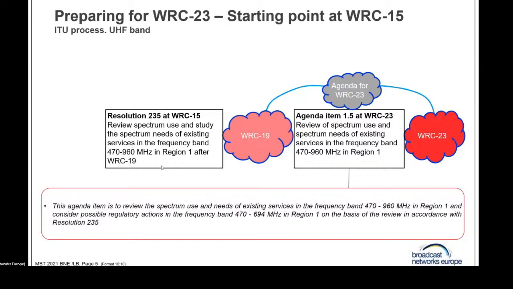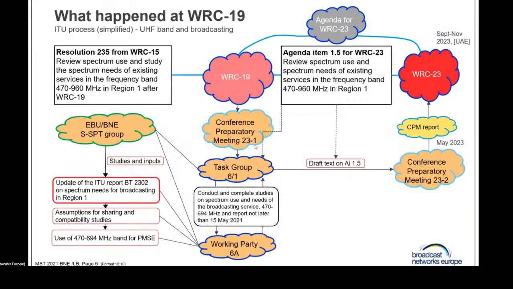So now, what happened at WRC-19? Well, that was a fairly complex process. So, of course, we have the resolution ordering the WRC-19 to initiate studies and put an agenda to WRC-23.